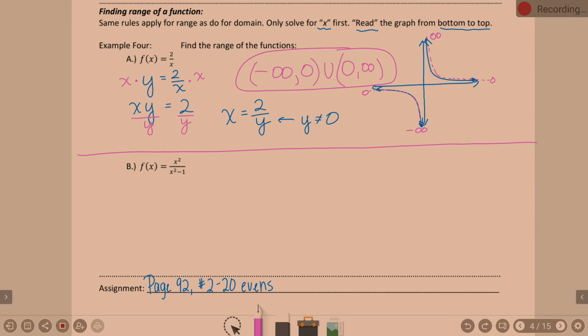Range, more often than not, what am I going to recommend for range? Go straight to the graph. Okay? Most often, I'm going to go straight to the graph. And that's what we're going to do. We're going to go read the graph, because solving this is not going to be fun.